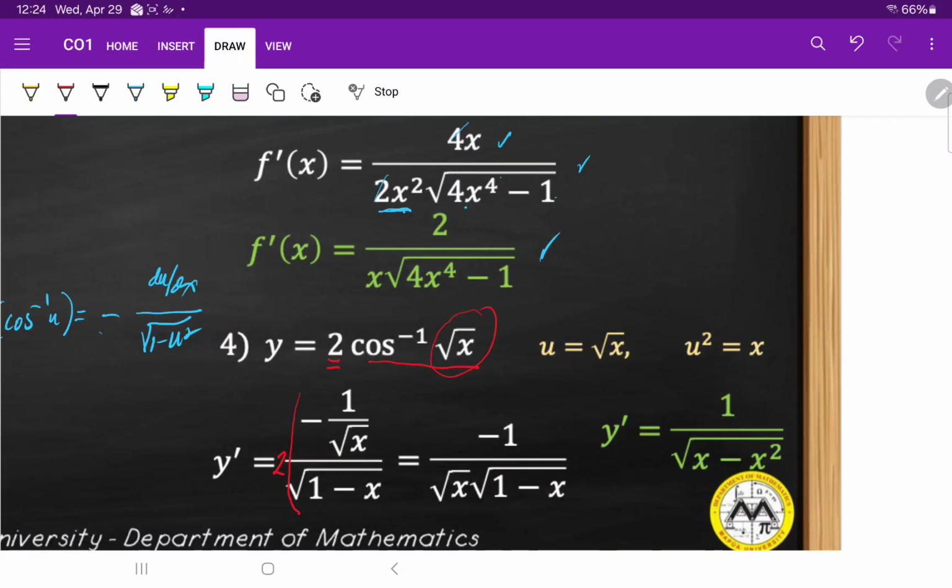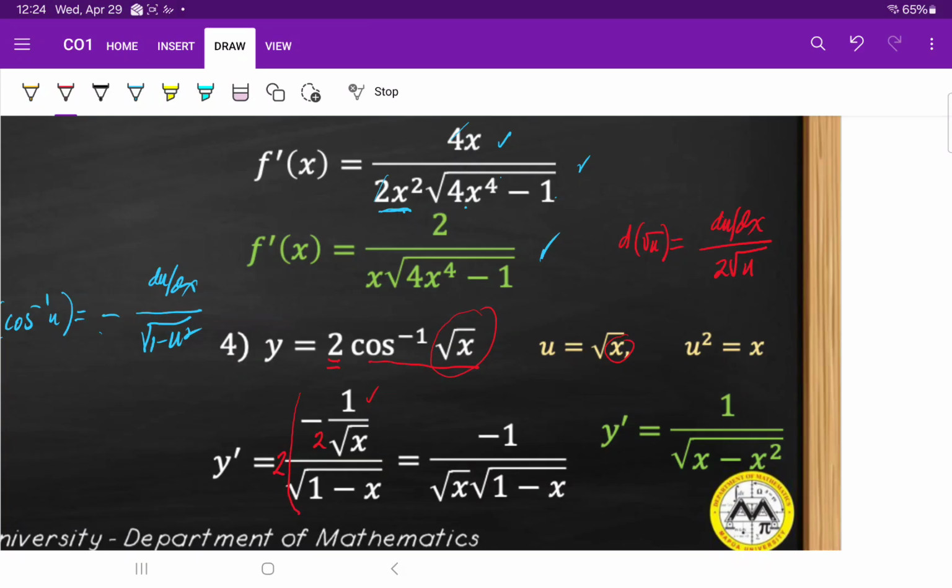Square root of x. How do we find the derivative of the square root of x? Derivative of the square root of u is du dx over 2 square root of u. So your u here is x. So the derivative of the square root of x is 1 over 2 square root of x. Then over what?